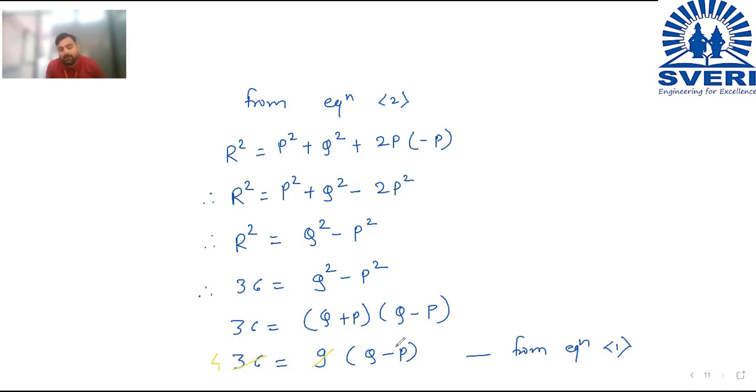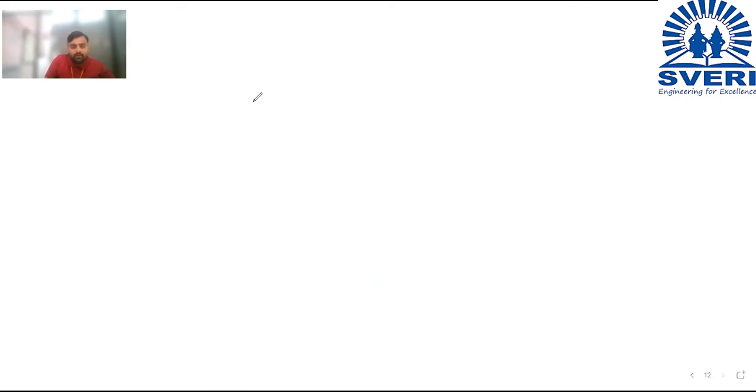It comes in the table of 4. So what equation do you get? So q minus p is equal to 4. So finally I got here q minus p is equal to 4. This is my equation number 3.